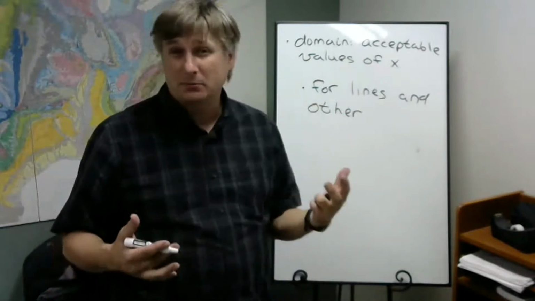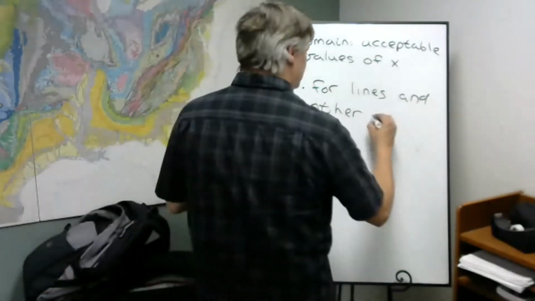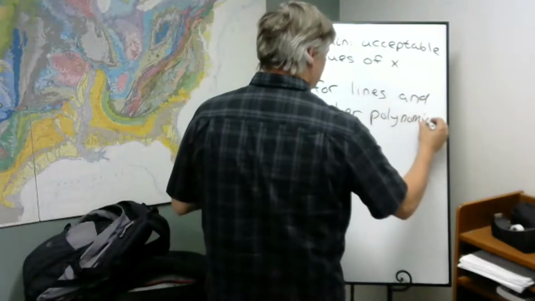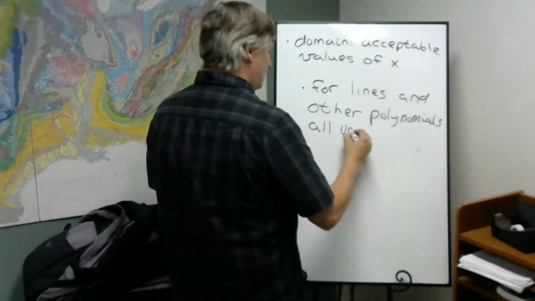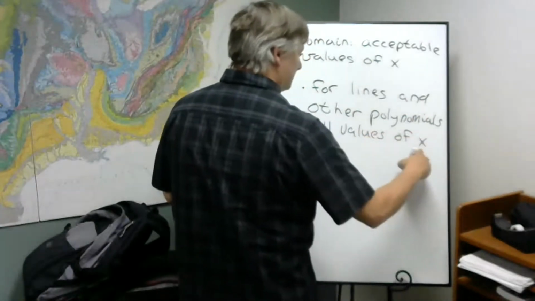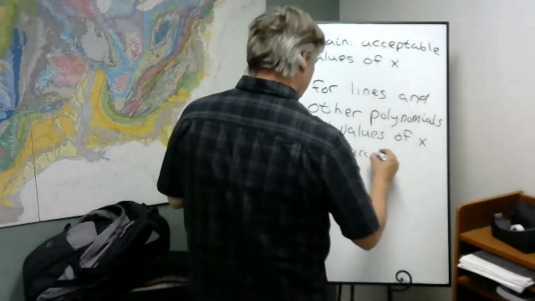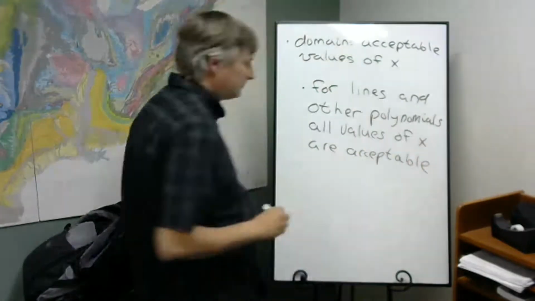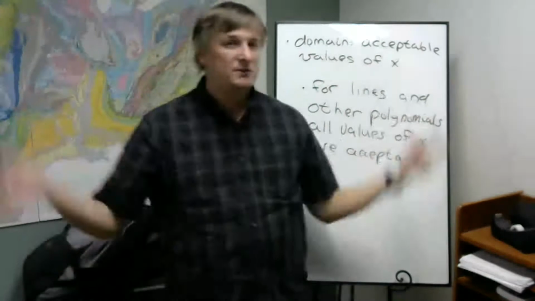That invisible 1 is an exponent. So for lines and other polynomials, all values of x are acceptable. So when we talk about the domain, we're talking about all these values of x.